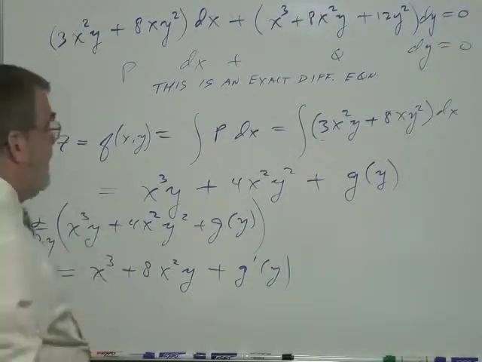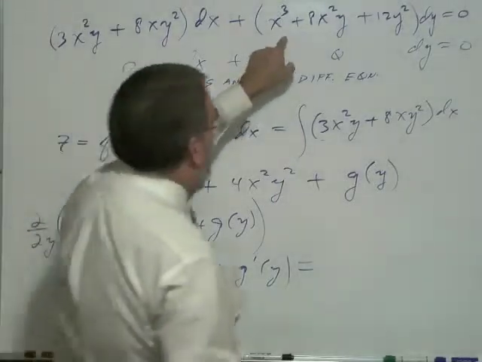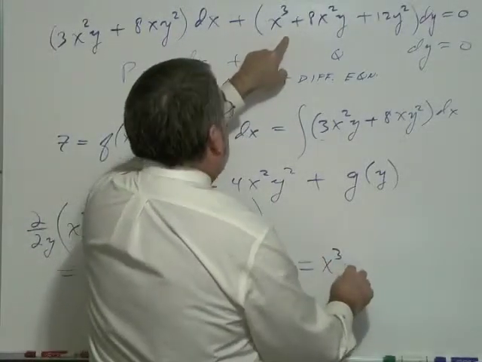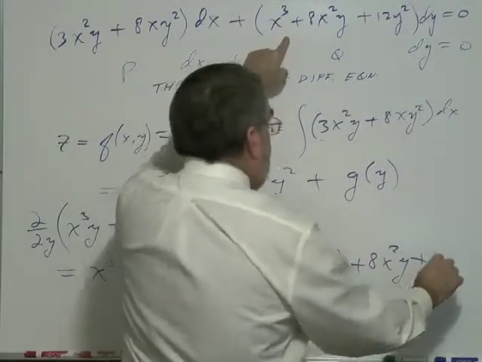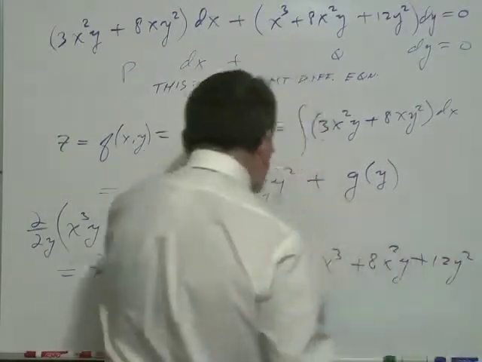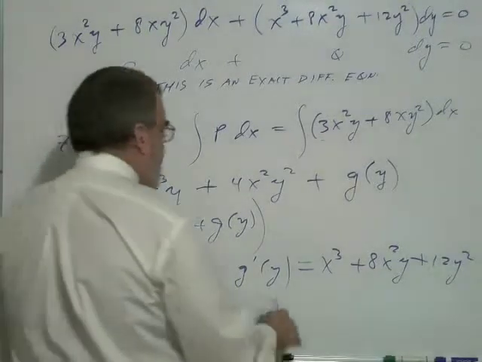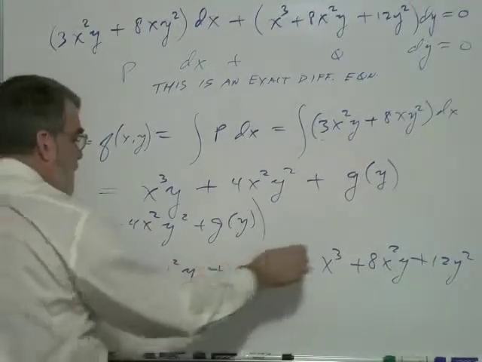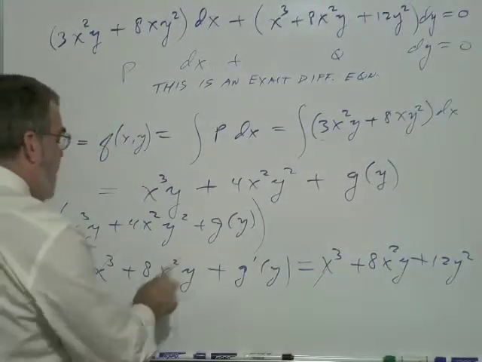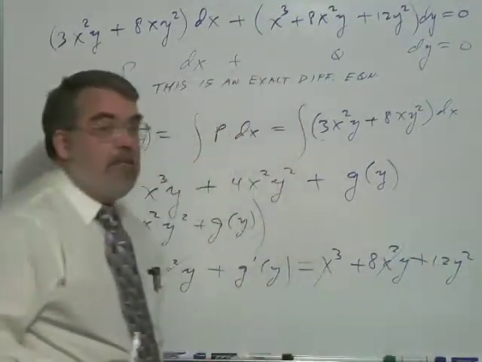All right, now I set this equal to q: x cubed plus 8x squared y plus 12y squared. So what happens here? Because this is equal to this function, I see the x cubes are equal, the 8x squared y checks out. G prime of y is 12y squared.